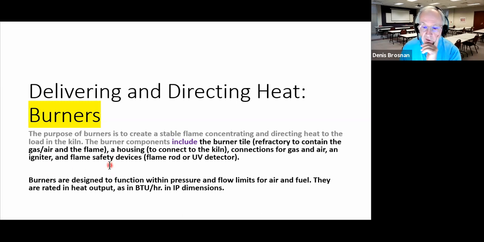Typically, we'll have other things like an observation port. So I'm not covering them all in this little summary. But they're designed to function by delivering a certain amount of heat, in our case, BTUs per hour, in a defined location in the kiln opening, kiln shell, the kiln design.